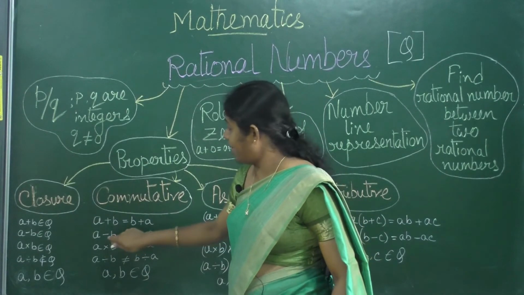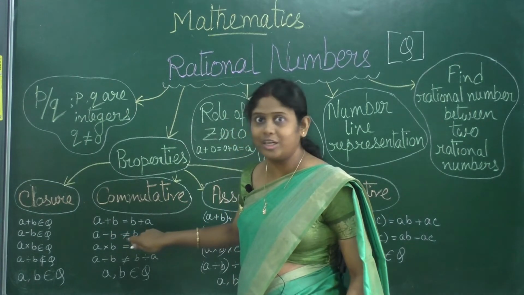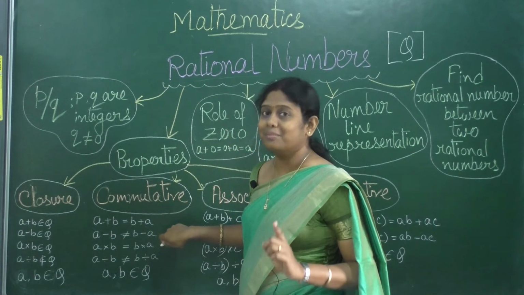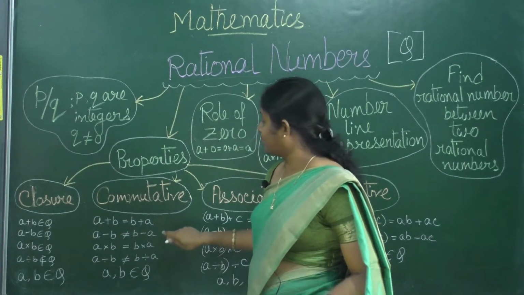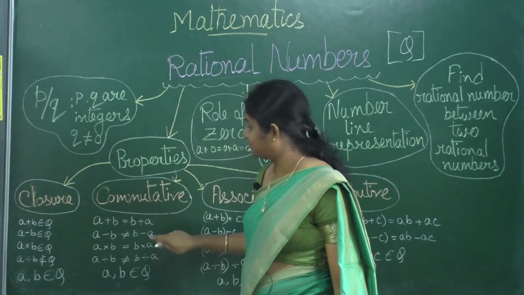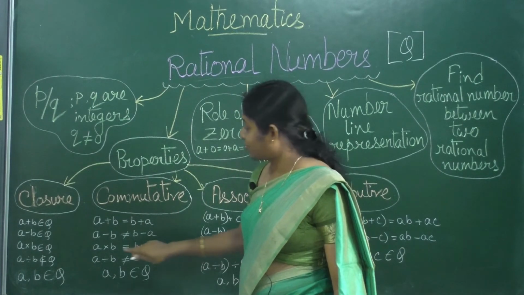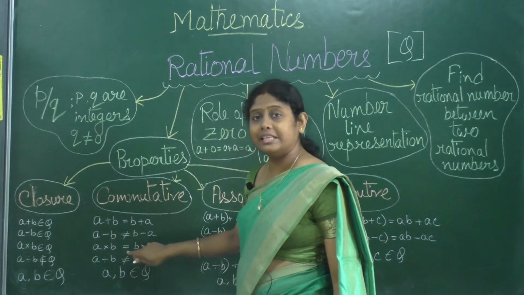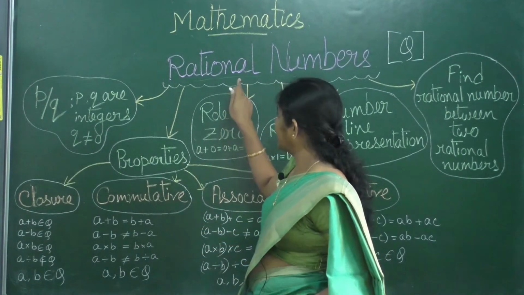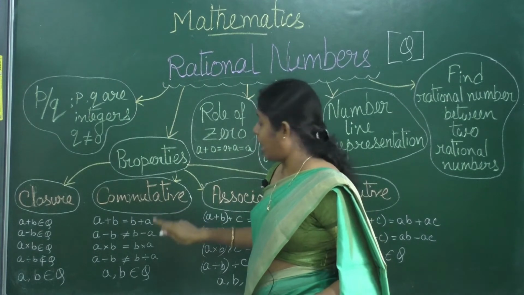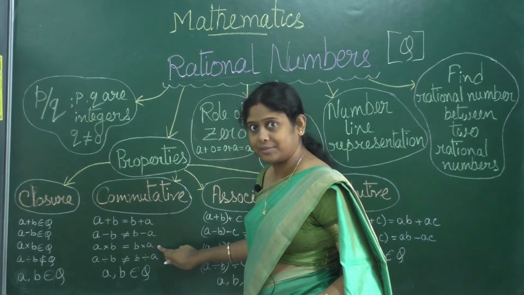Subtraction: a minus b is not equal to b minus a. Means rational numbers are not commutative under subtraction. Multiplication: a into b is equal to b into a. Again, rational numbers are commutative under multiplication.